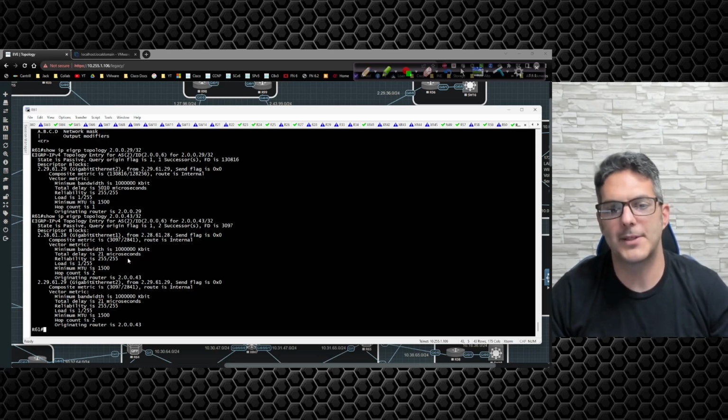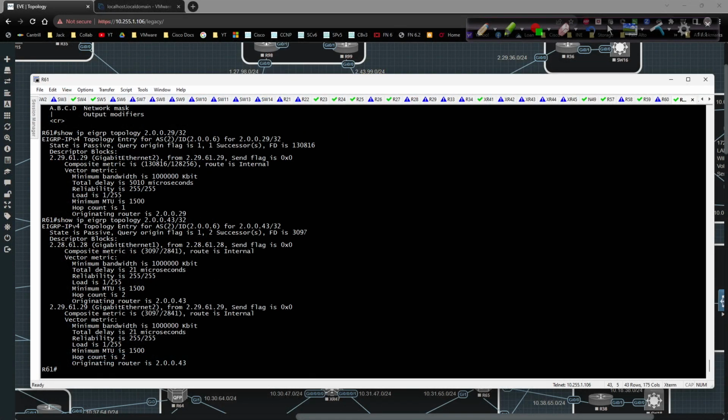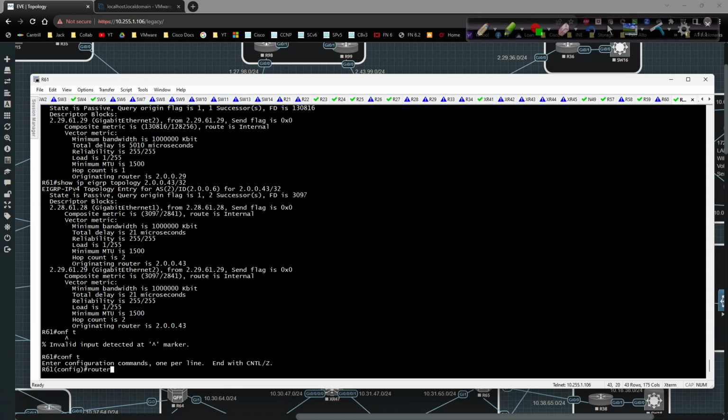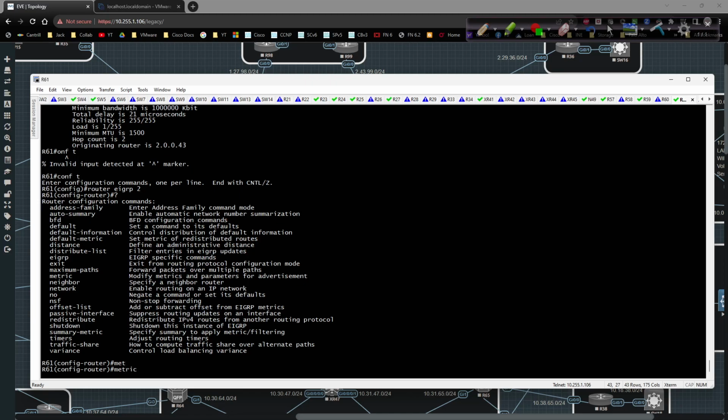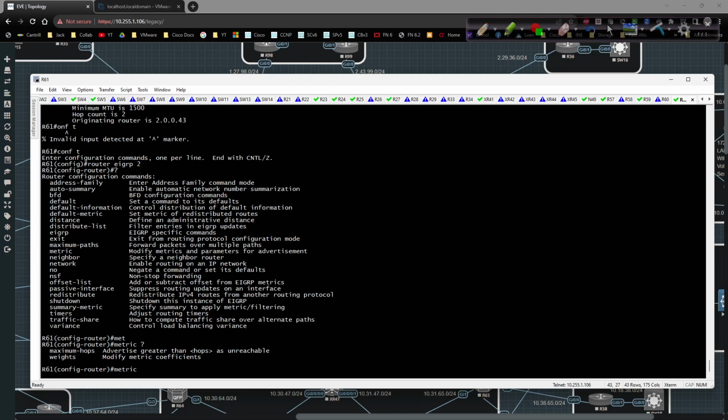So OSPF has the exact same thing, but they call it the reference bandwidth. And there's another thing in here too you can do, router EIGRP 2, there is a metric, what's it called? No, I can't remember what it's referred to.